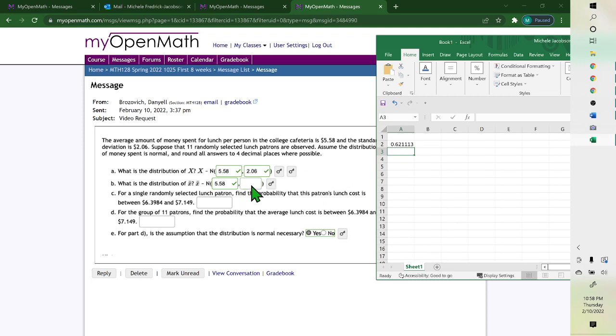So this answer here would be 0.6211, rounded to 4 decimal places, so it would be 0.6211.